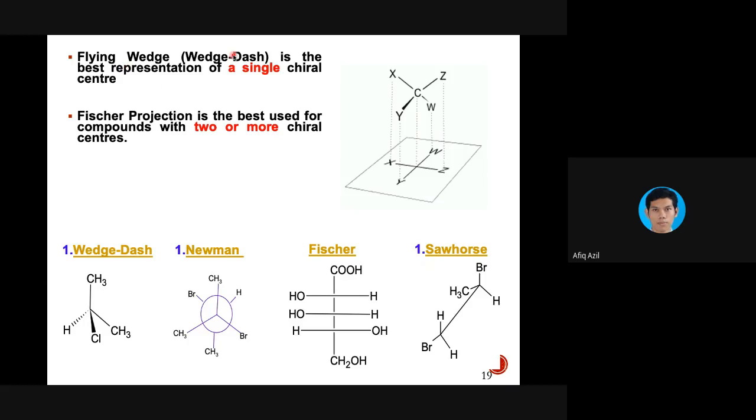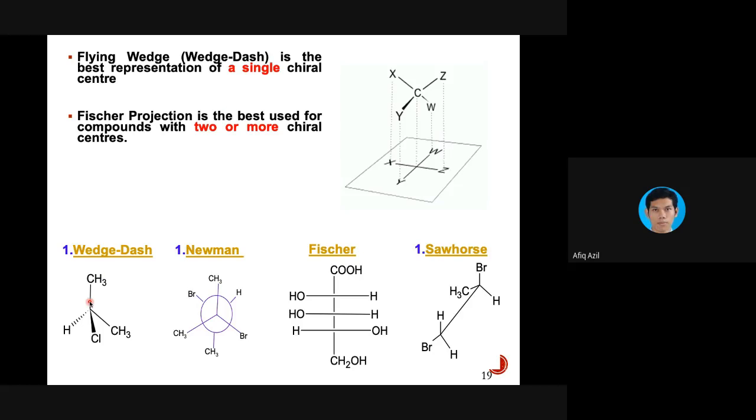For the wedge dash like this, it is best when there is only one chiral center available, which is this carbon in the middle, or this carbon in the middle. So if there is only one chiral center, straight away use this type of representation.